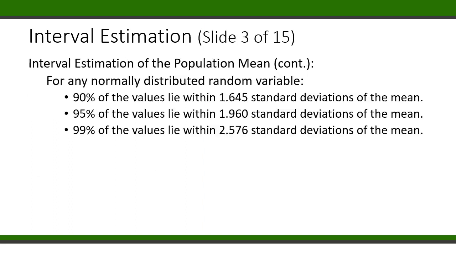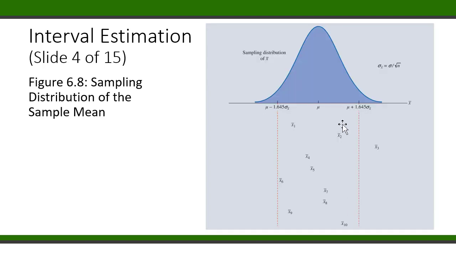And we just said from the previous screen that 90% of our values will lie within 1.645 standard deviations. So if we look at our standard deviation, which is equal to sigma divided by the square root of n, that's what we've got here.